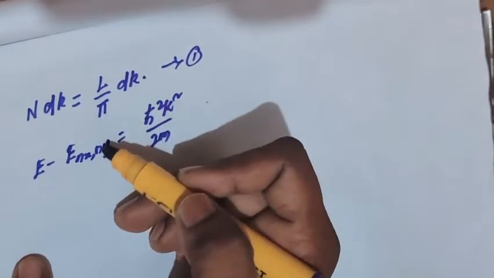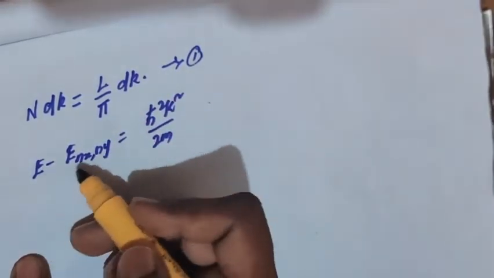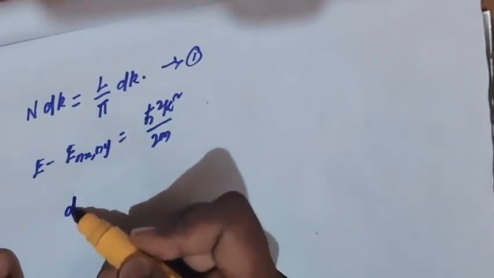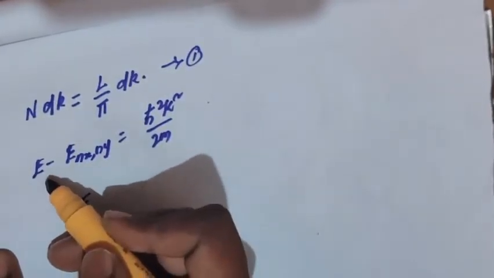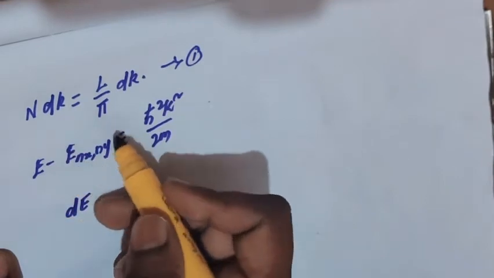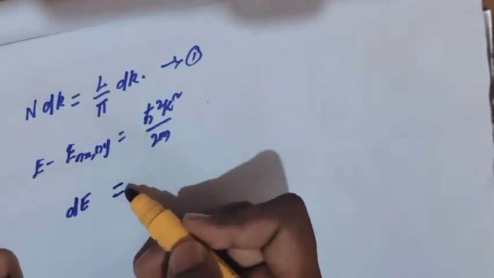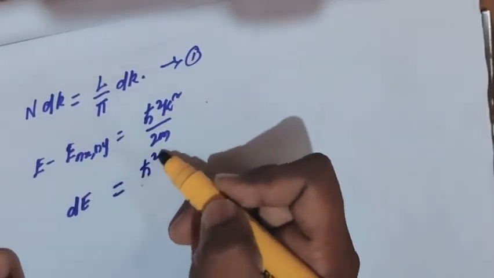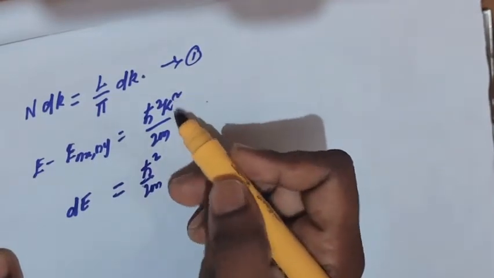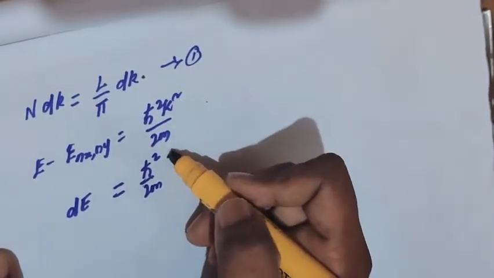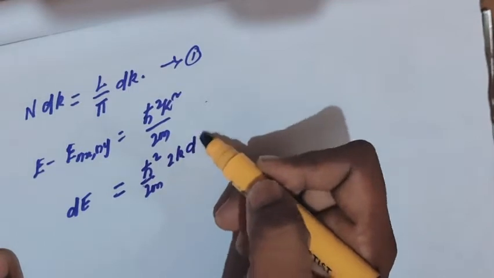For that, we differentiate the energy equation. The differential of the constant is 0, and ħ²/2m is a constant, so take it out. Differentiating k² gives 2k dk.